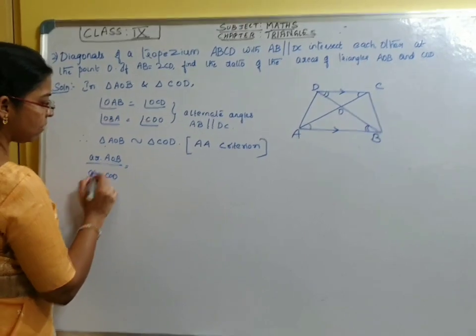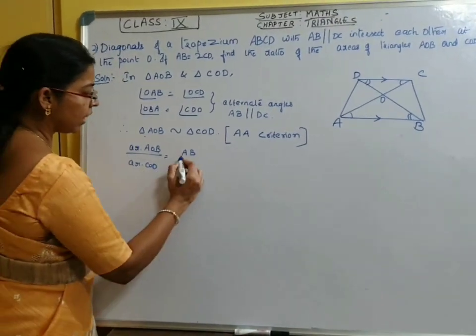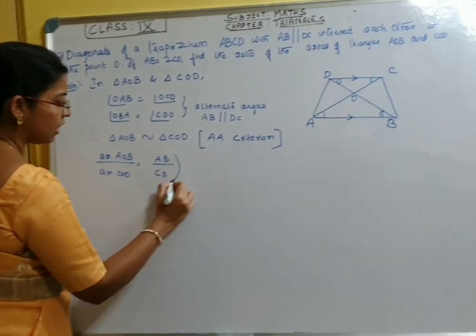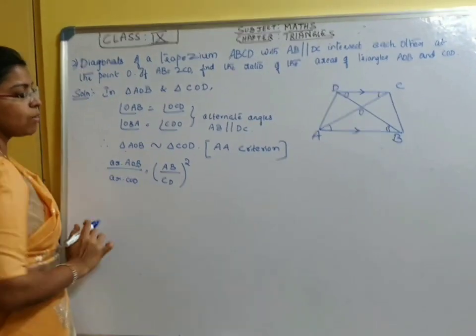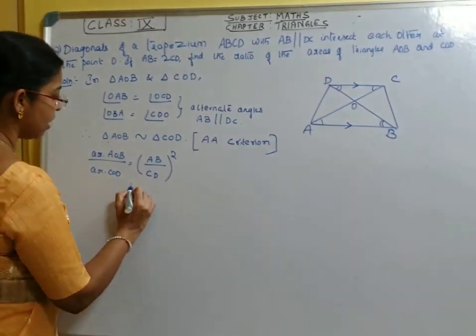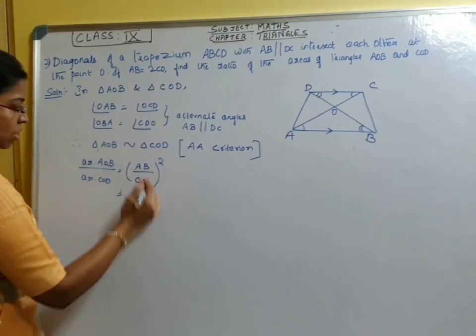Here for AOB, when we say AB, the corresponding side is CD. The ratio of the areas is the square of the ratio of the corresponding sides. But the condition given here is AB is equal to 2CD.